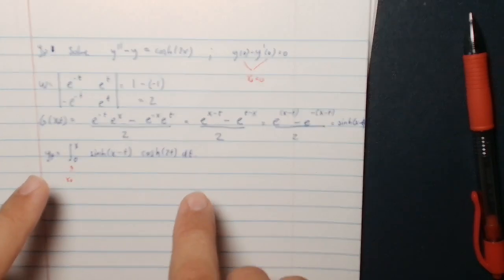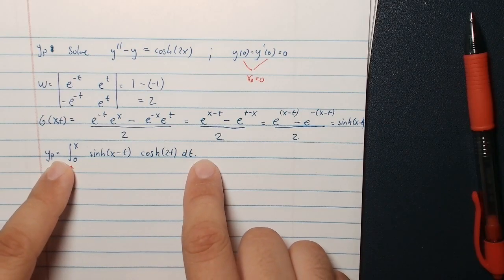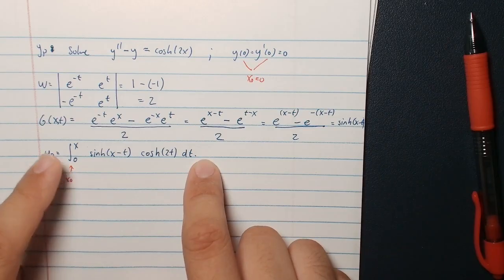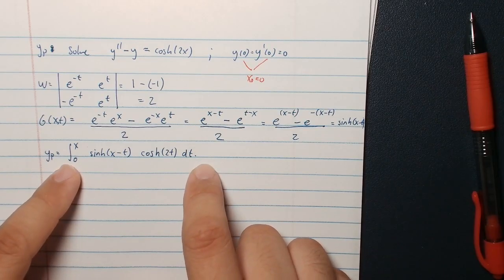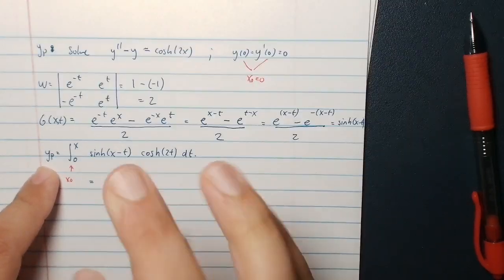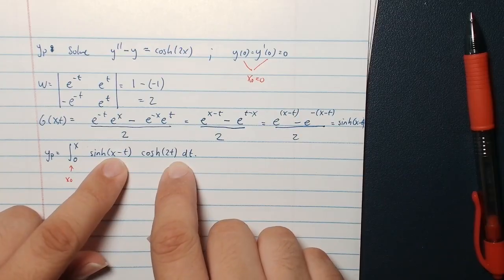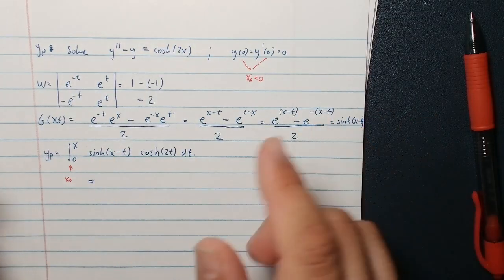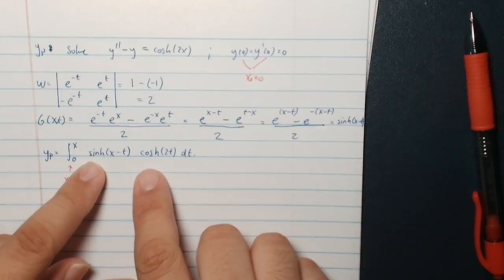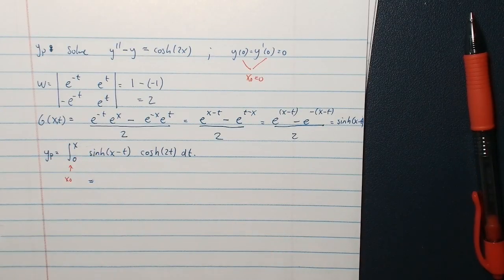Now, up until now, I've been leaving these as they are in integral form. However, this one, looking at it, it's such a simple integration. I'm just going to go ahead and finish it. So here, this is sinh of something times cosh of something. That's a product formula, right? If you may remember sine and cosine from trigonometry, sinh and cosh have the same product formula.